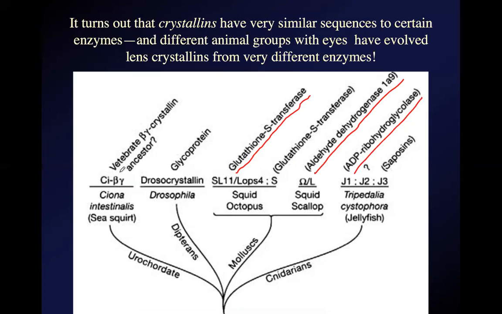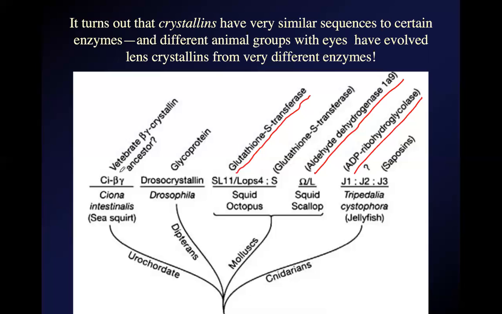They might have two on one chromosome. And when you duplicate part of a chromosome, one of your gene copies might be available to evolve into something else. So you don't lose functionality. You don't lose the enzyme that you started with when you evolve lens crystallin.